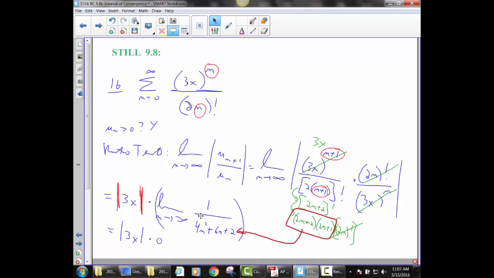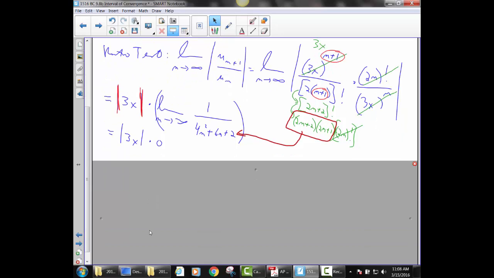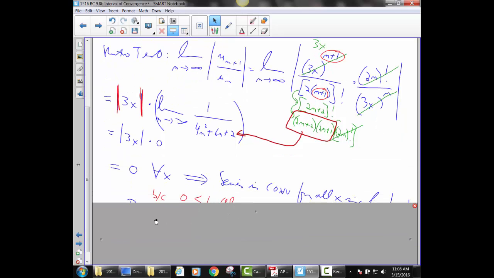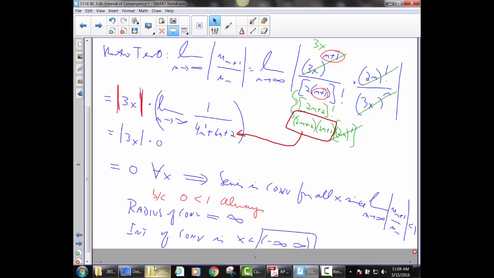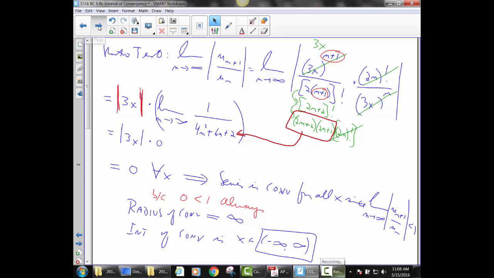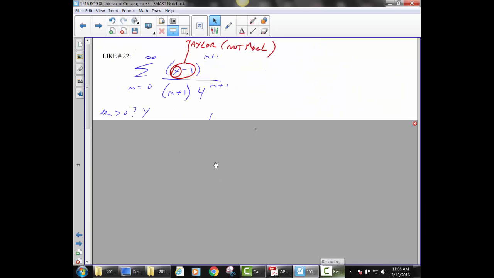Well, as n goes to infinity, since the degree of the top is less than the degree of the bottom, that'll be 0. So this is another special case, which means that'll be 0 for all x. So the series is convergent for all x, since that limit, which is 0, is always going to be less than 1. So we say the radius of convergence is infinity, and the interval of convergence goes from negative infinity to infinity.